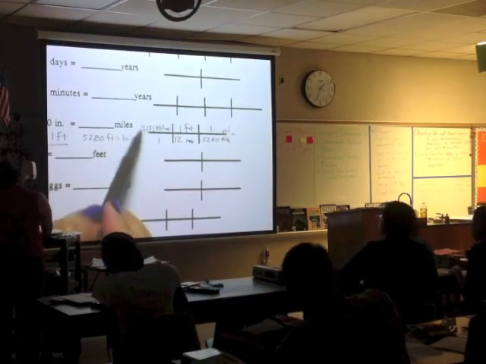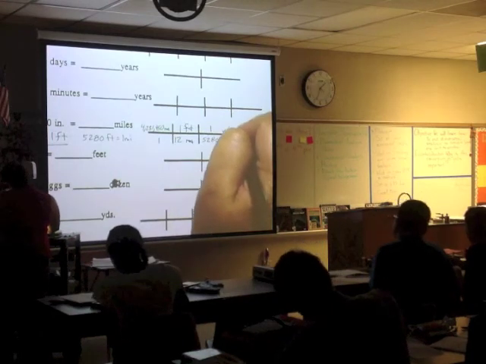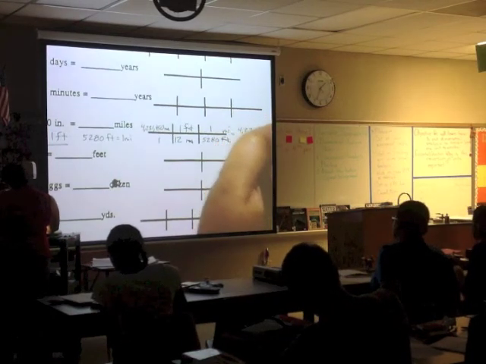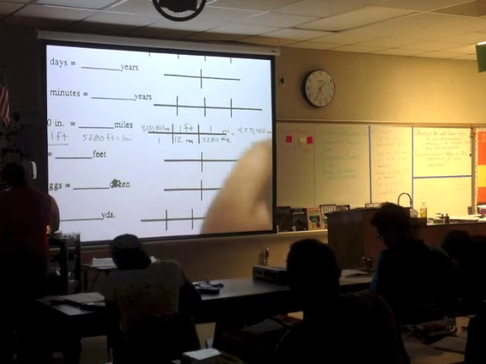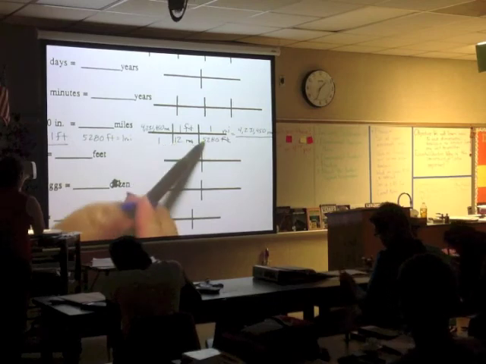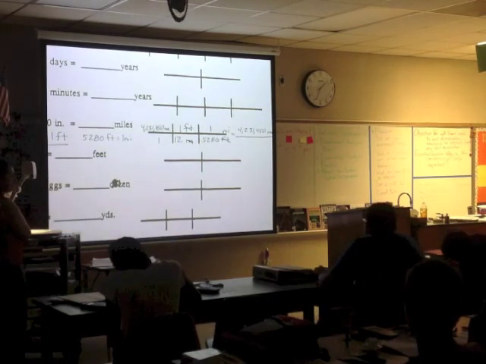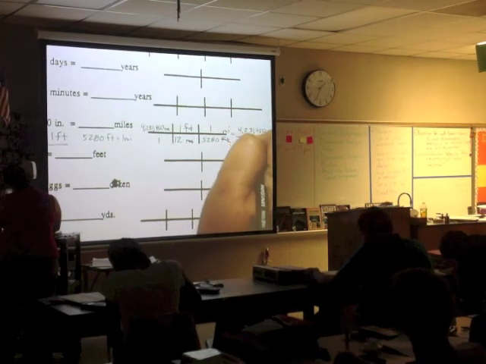And my last step is? Multiply across. So 4 million, blah, blah, blah, times 1 times 1 is 4,231,450 miles over, and you go 1 times 12 times 5,280. What is it? 63,360.